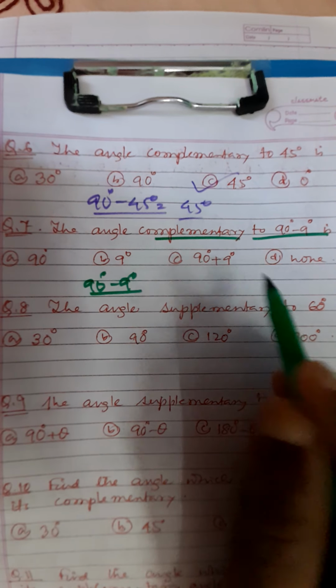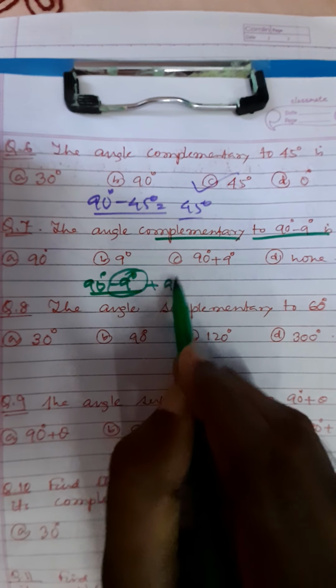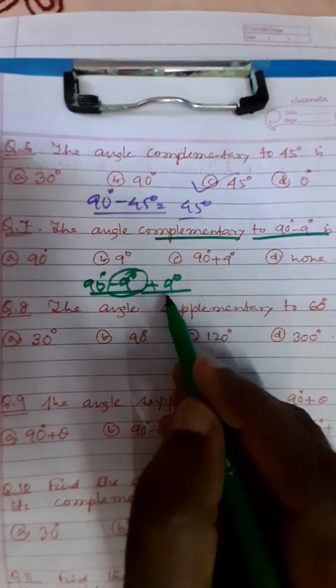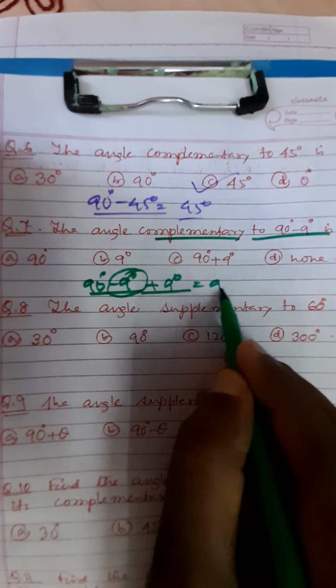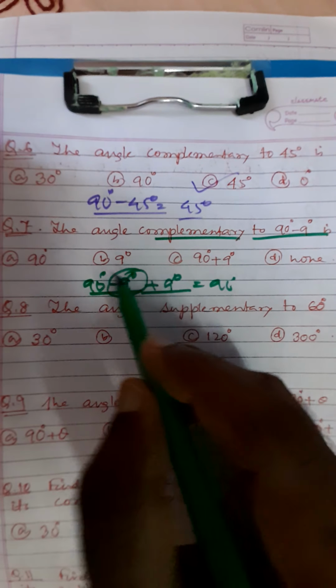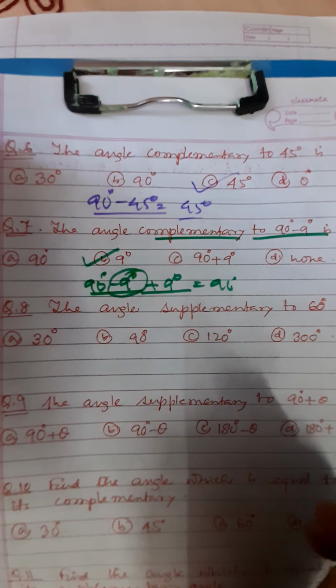The sum should be 90 degrees, so if we add them, what will we get? 90 degrees. So what will be the complementary to 90 degrees minus 9 degrees? The answer is 9 degrees. Complementary to 90 degrees minus 9 degrees is 9 degrees.